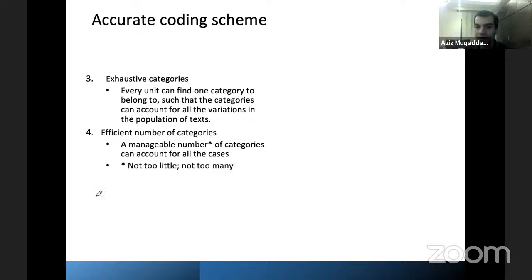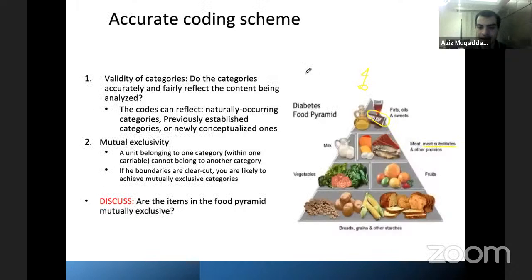If I have too few, let's say I could categorize them as food items that have sugar and food items that don't have sugar. That pretty much covered everything, right? Because it's binary. But how would that be useful for my analysis? Think of it like if my research question is about what type of foods is being portrayed in TV shows for kids, and it's only items with sugar, items with no sugar.